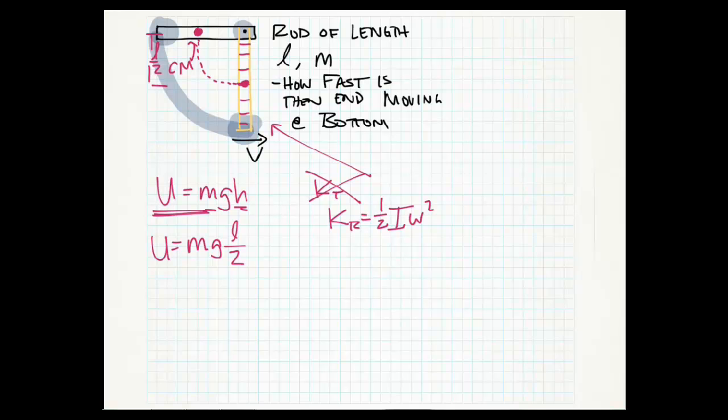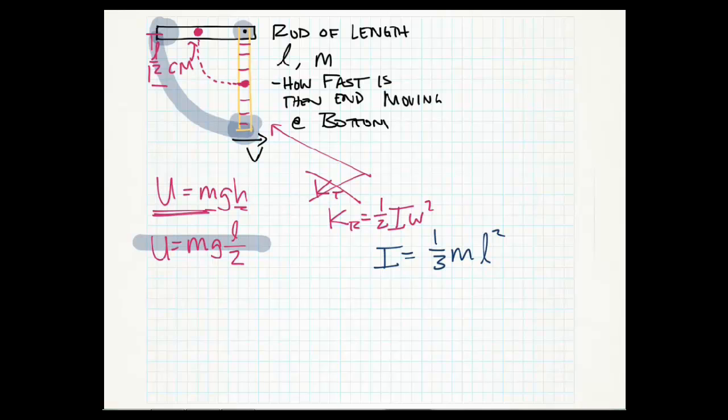It's sort of the average for the entire thing. So again, potential energy is going to be for the center of mass of the rod. Now, in this case, we know that I is equal to, because it's a rod about its end, 1/3 ml squared.